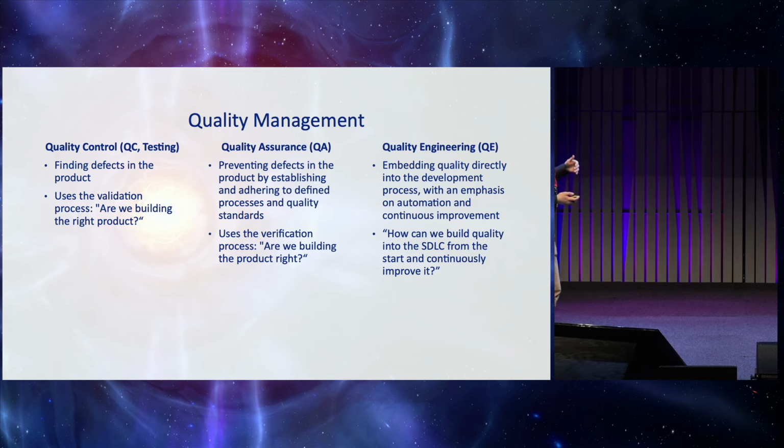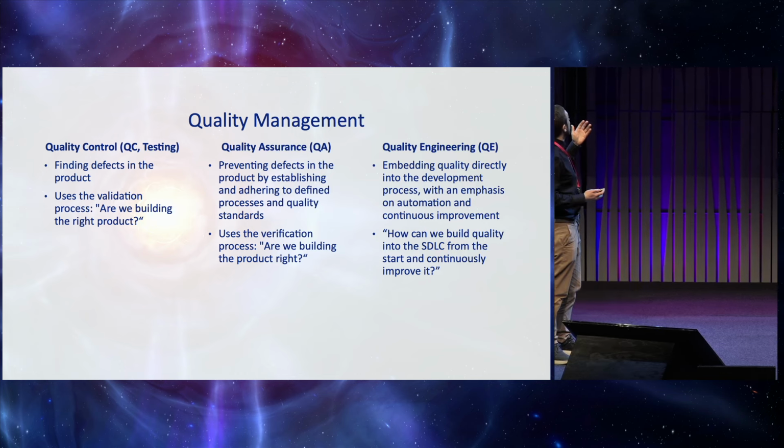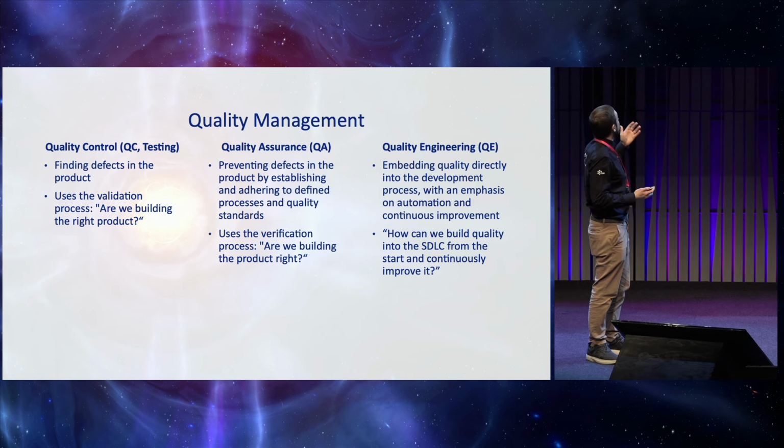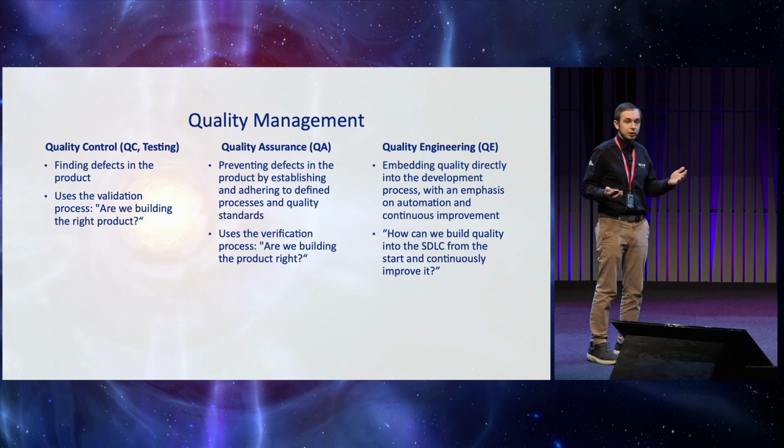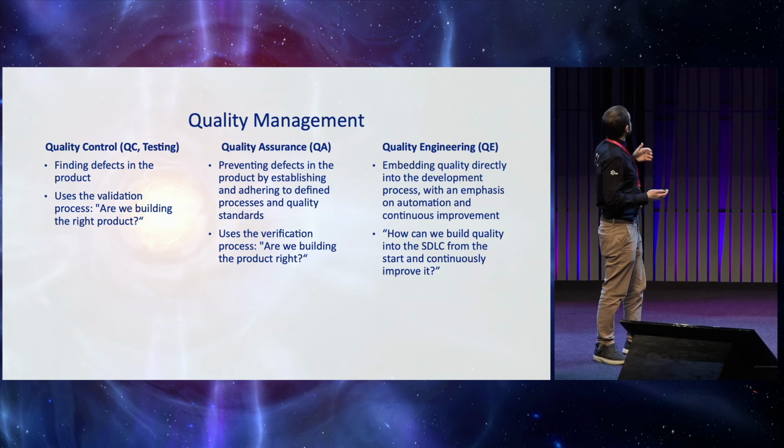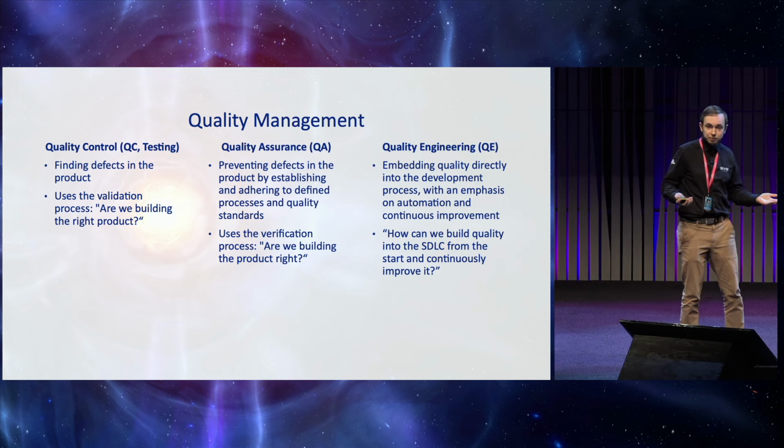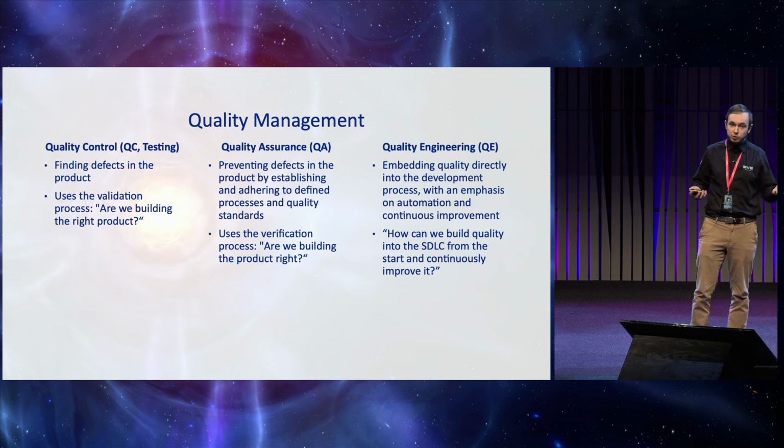So quality assurance focuses on preventing defects in the product by establishing and adhering to defined processes and quality standards. It uses the verification process. In other words, are we building the product right? Versus are we building the right product in terms of quality control?